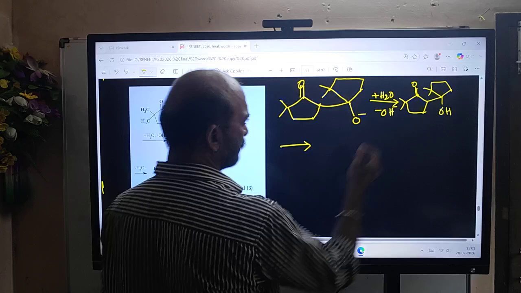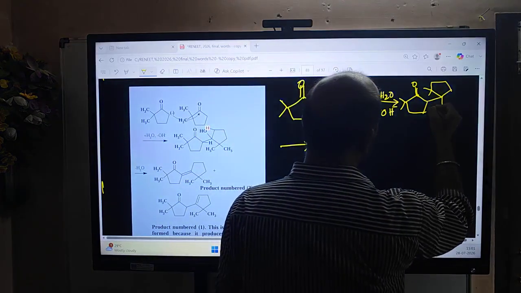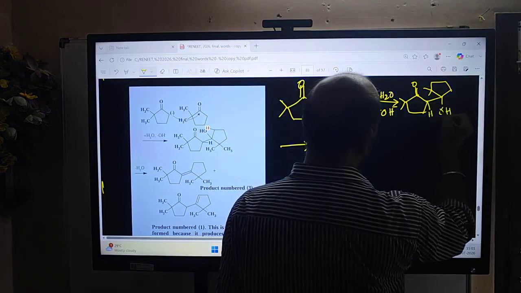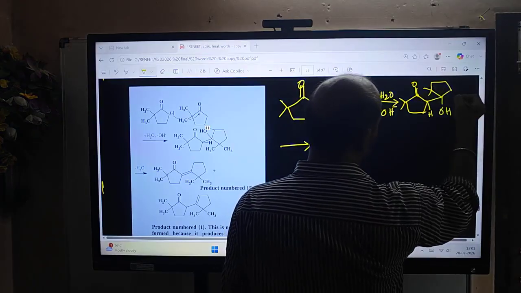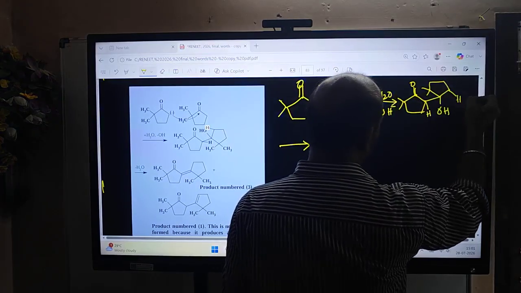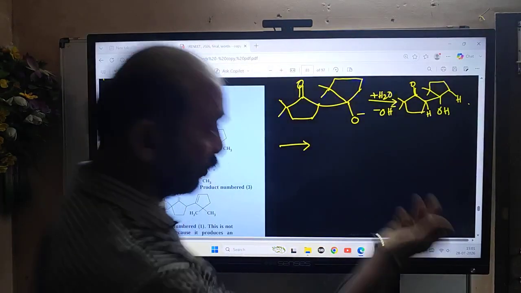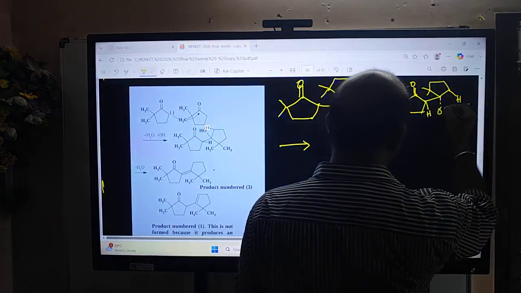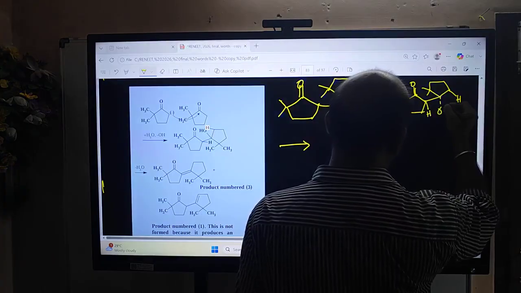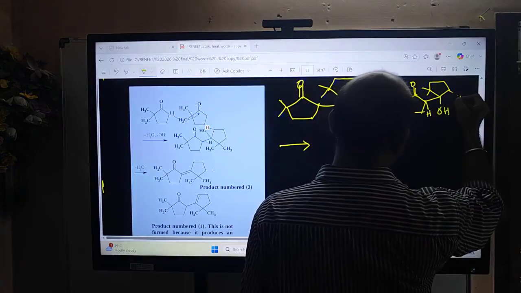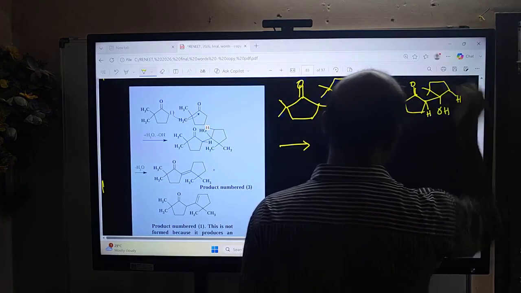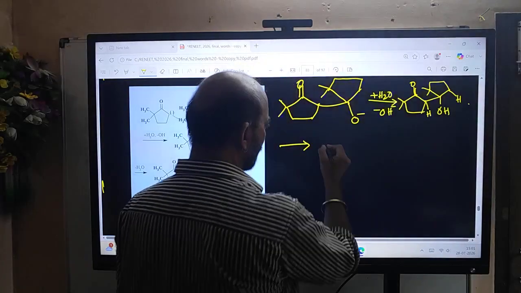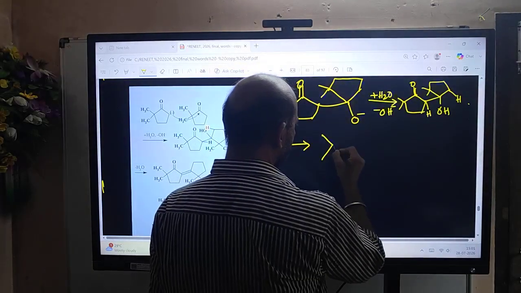How does it eliminate the water molecule? Here also there is an alpha hydrogen, an alpha hydrogen to the OH group. So it can form a double bond here, isn't it? Or here. Not here, because there is no hydrogen. So the possibilities we are writing.